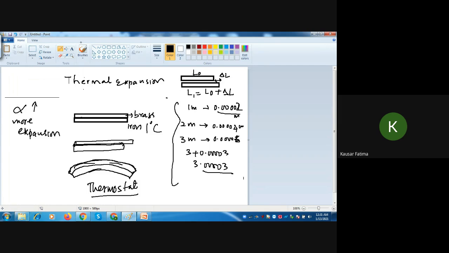Suppose I color it. On this side is the brass. But when we cool it, what will happen? The reverse will happen. Brass will become shorter than invar and it will be on the inner side. The one which is shorter will be on the inner side.